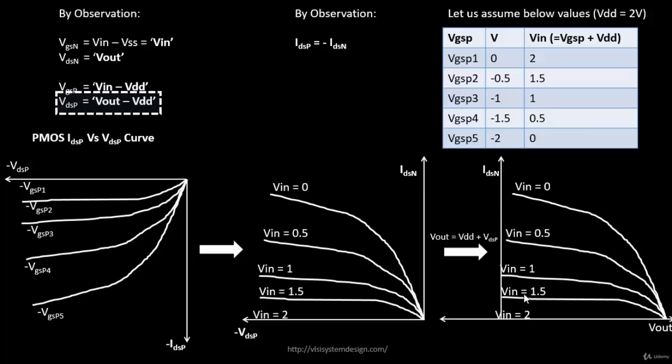So we'll take one more example. For example, let's say your V out is 0 volts. Whenever V out is 0 volts, we obtained it at this value, where VDSP is negative 2, the maximum potential attained by your drain voltage. If your VDSP is negative 2 volts and you add positive 2 volts in the equation, your output voltage becomes 0.